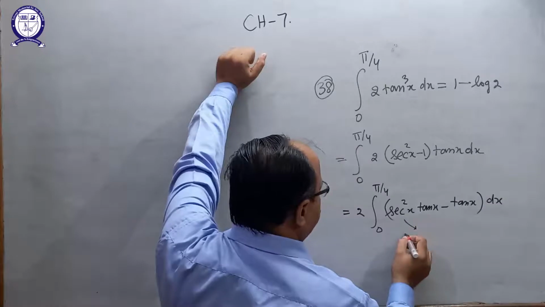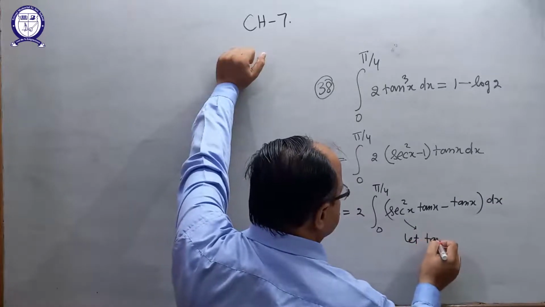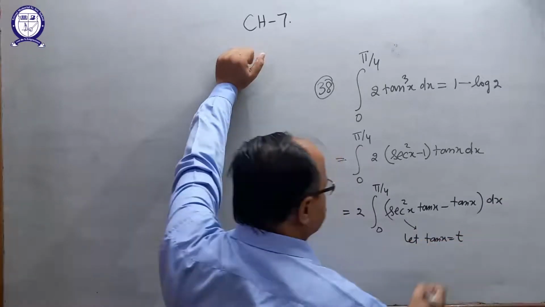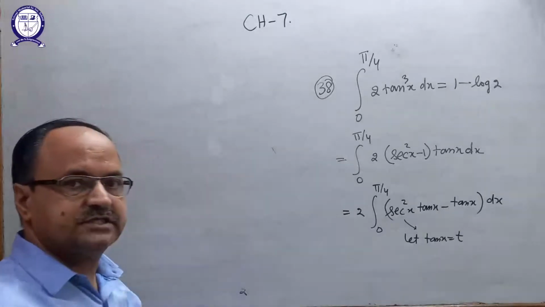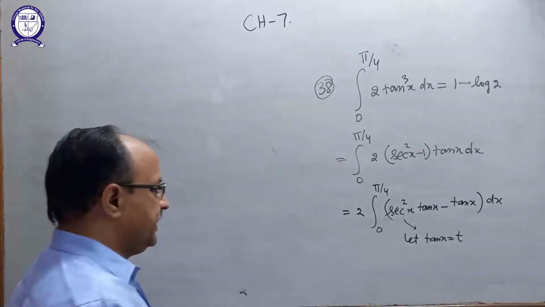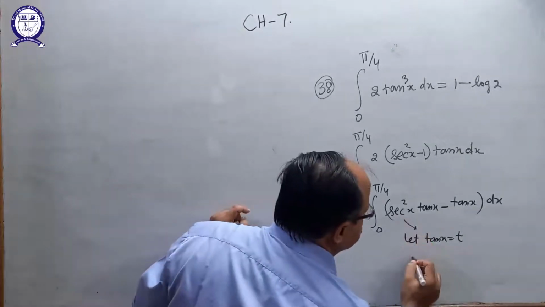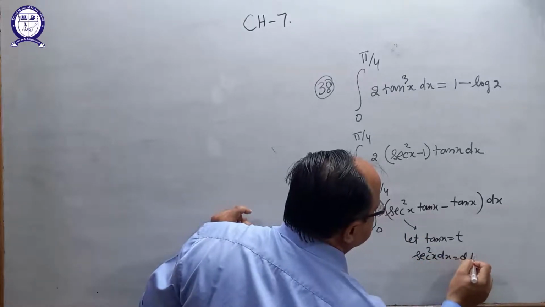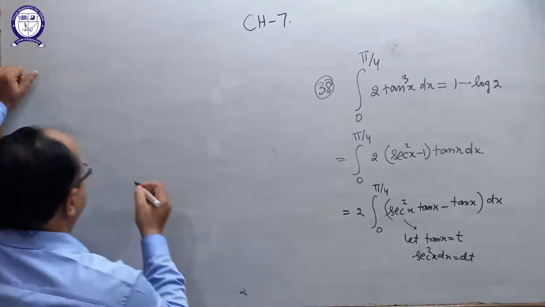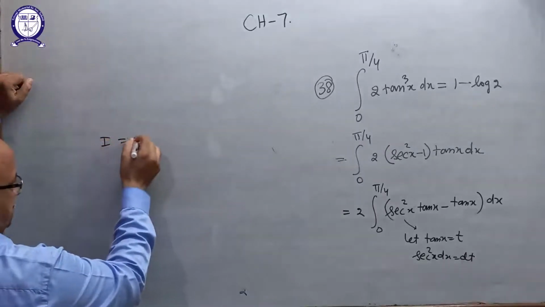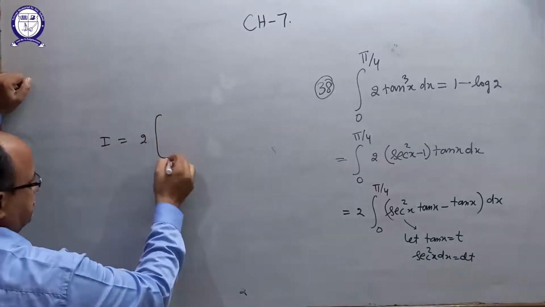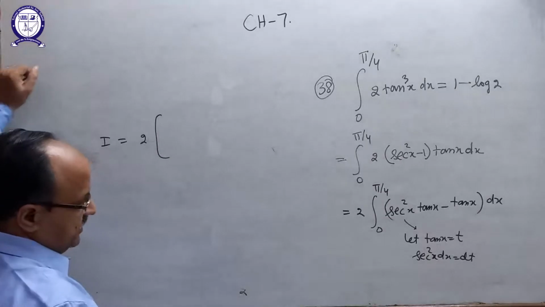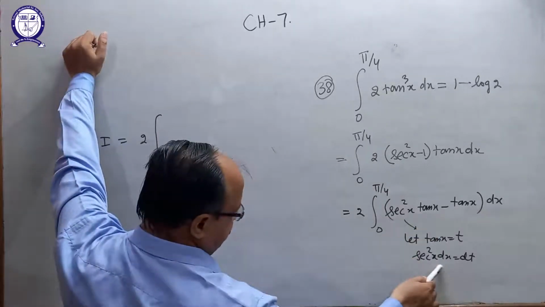In this question, let tan x is equal to t, and the derivative of tan x, you know, is sec square x, so sec square x dx is equal to dt. Therefore, you can write sec square x dx converted into dt.